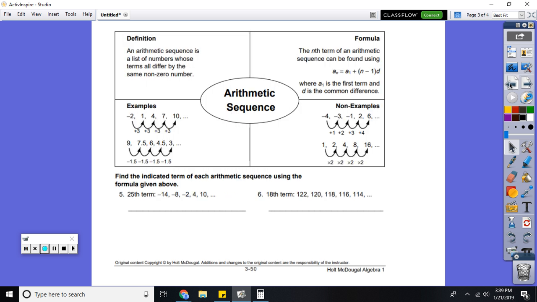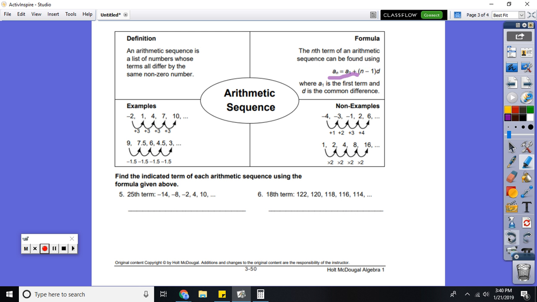And the purpose of giving you these was for you to see the formula. So instead of having to extend out a sequence, we can clearly define the pattern with this formula, and then I don't have to write out 25 numbers to get the 25th term. It's a shortcut.